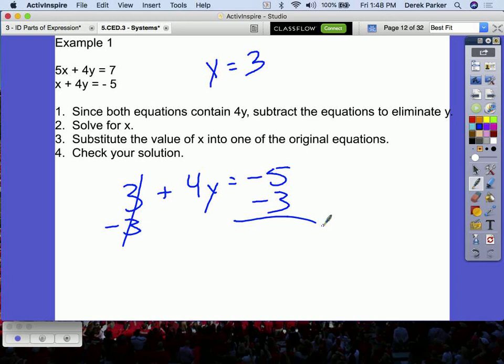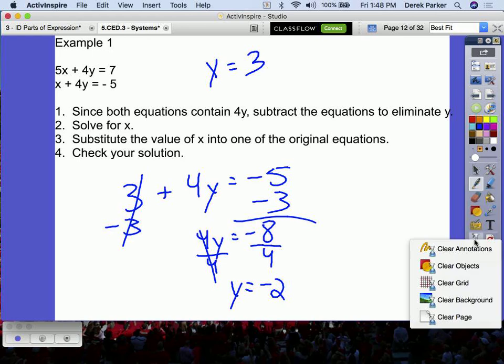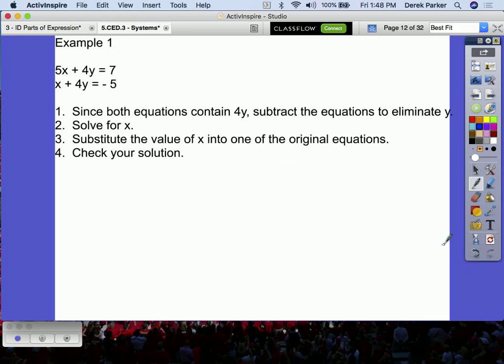Negative 5 minus 3. I get 4y equals negative 8. Divide by 4, and y equals negative 2. So my answer to this problem is going to be (3, negative 2).